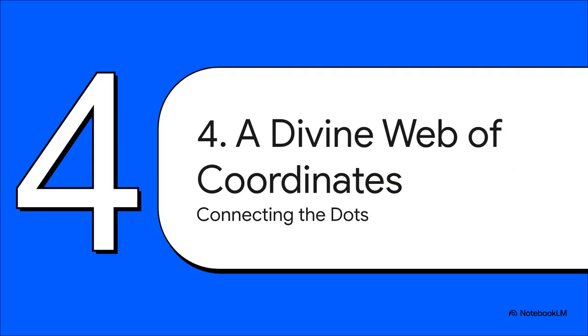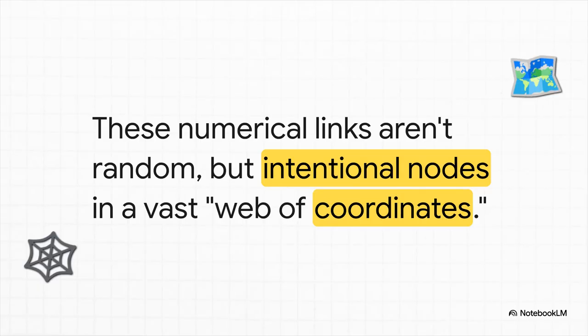Okay, so we've seen a couple of these individual examples, but how do they all fit together? This is where the analysis really zooms out, from isolated clues to a grand, overarching theory. Right. The central argument here is that these numerical and thematic links are not just random flukes. Instead, they're described as coordinates on a map, or nodes in a web, all intentionally designed to connect and reinforce each other.